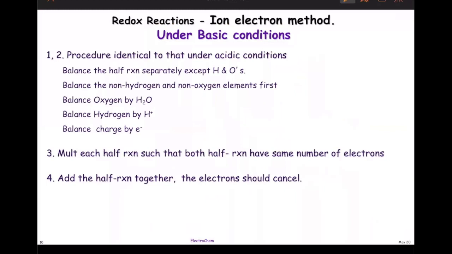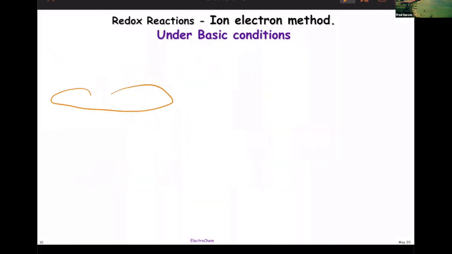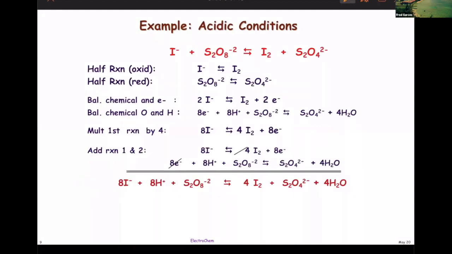Professor? Yes. Sorry, could you speak to where the H2O came from again? The H2O comes from this reaction right here. You balance your oxygen with water. So if you go back over here, you see how we had 8 oxygens here, but we only had 4 here? Yeah.